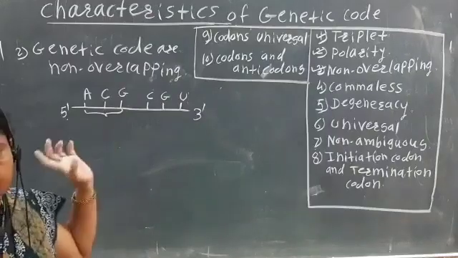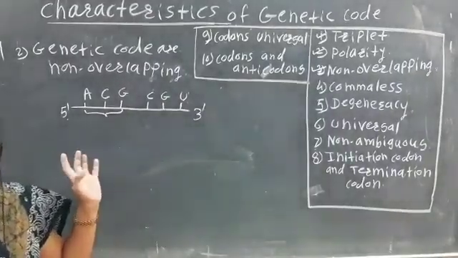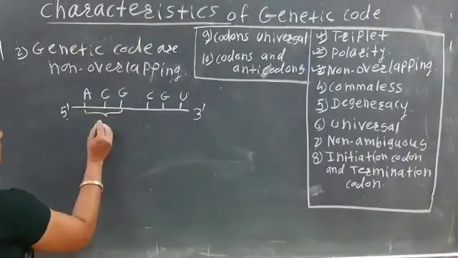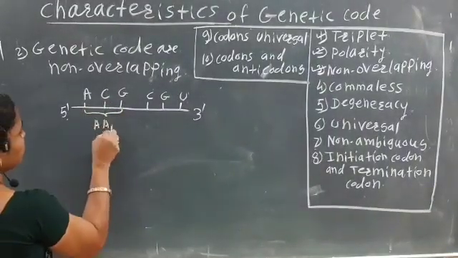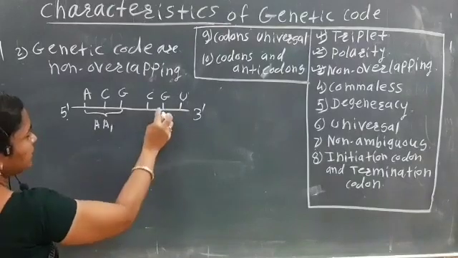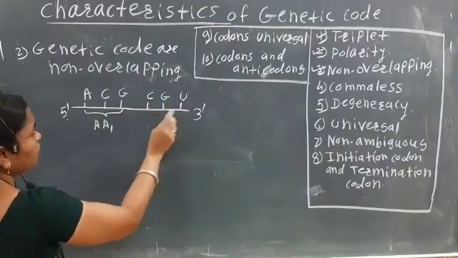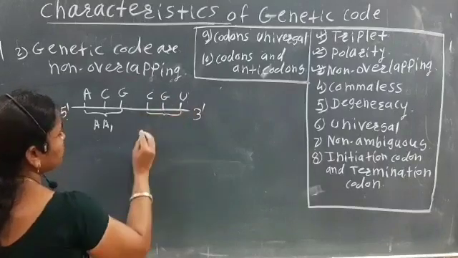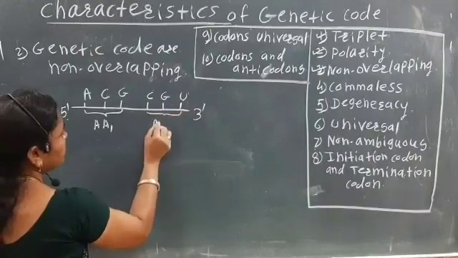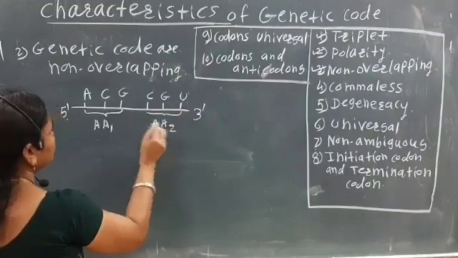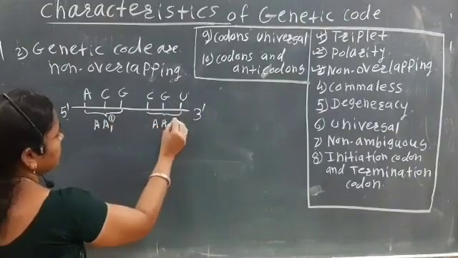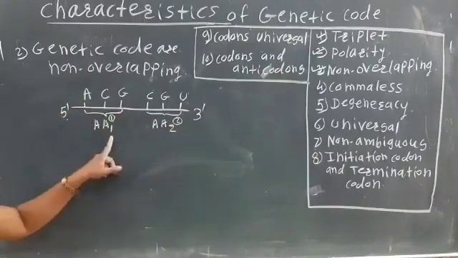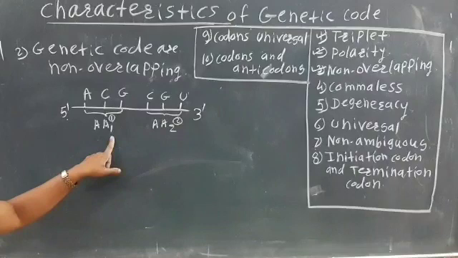A single codon specifies a single amino acid. So ACG codes the amino acid AA1, while the CGU codon codes amino acid AA2. So it is one amino acid, it is the second amino acid. Like this, one codon specifies one amino acid.